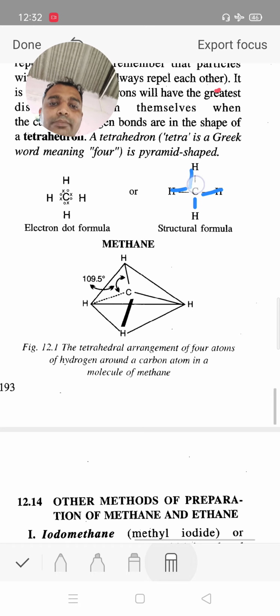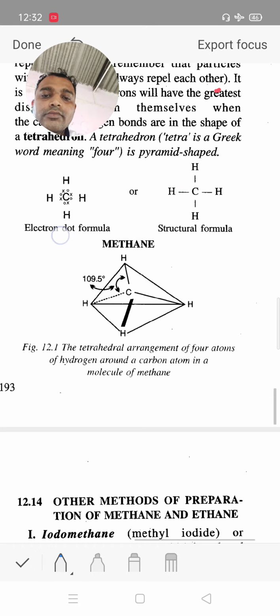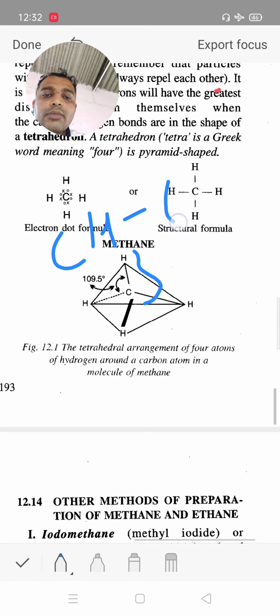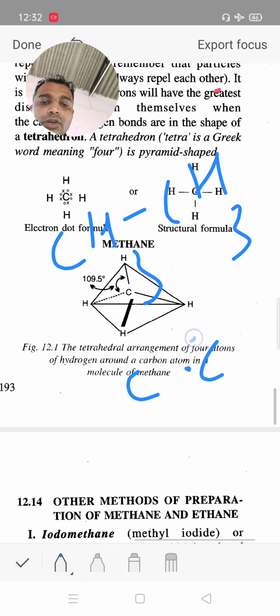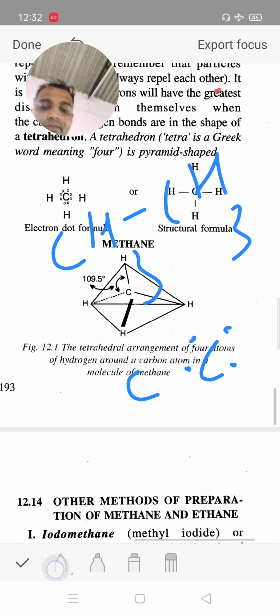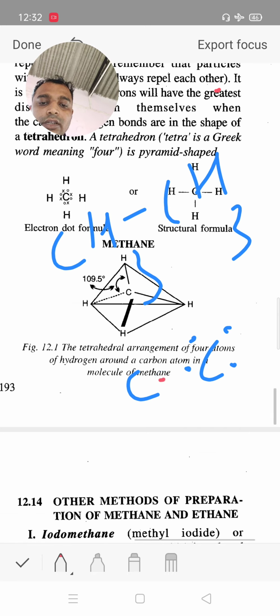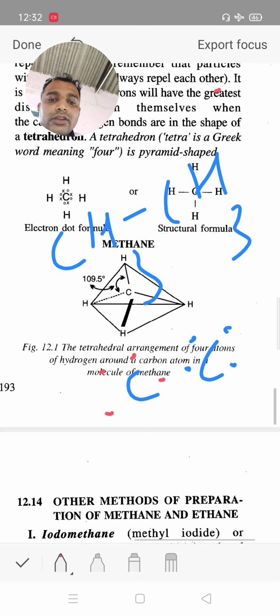Now a similar example, the ethane molecule, CH3 single bond CH3. The carbon valency is 4: 1 dot, 2 dot, 3 dot, 4 dot. Another carbon also has 1 dot, 2 dot, 3 dot, 4 dot. Now dot and dot form a single bond between the carbons.